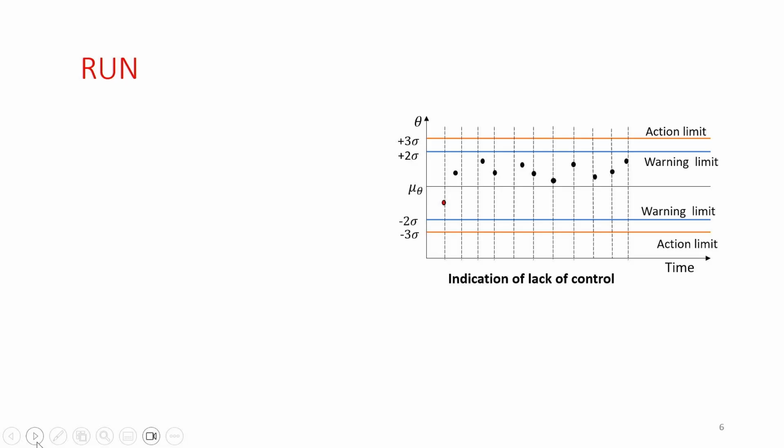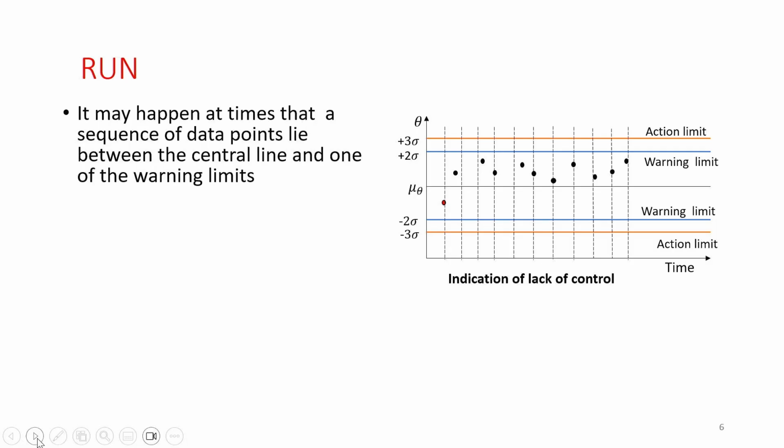Now, another technical term that we use for quality control is known as run. Now, what is run? A run may happen at times when a sequence of data points lie between the center line and one of the warning limits. See, in this case, you look at the data points.